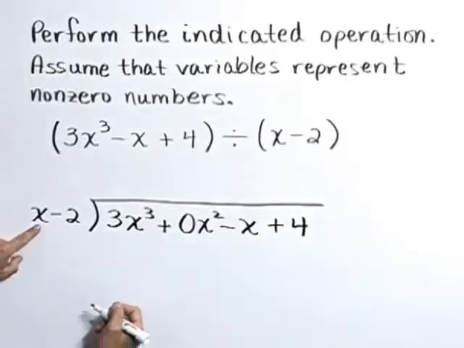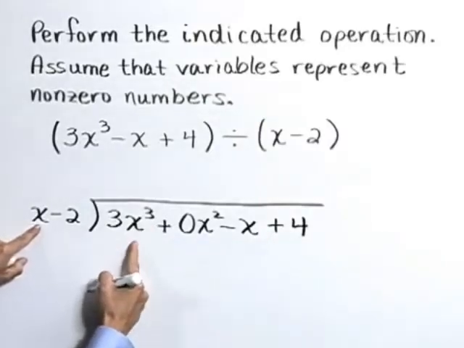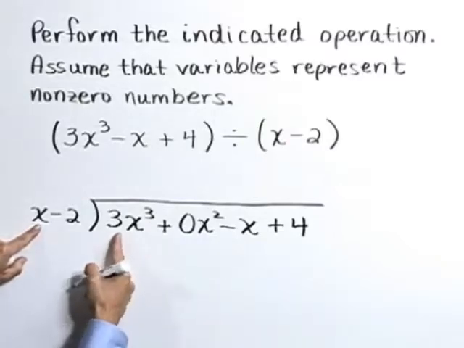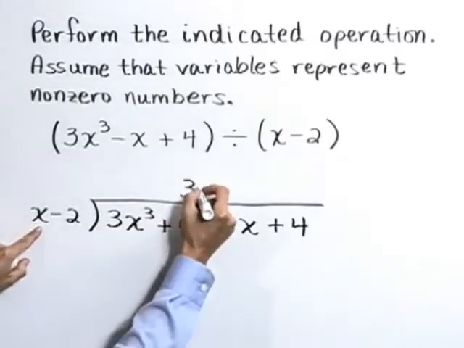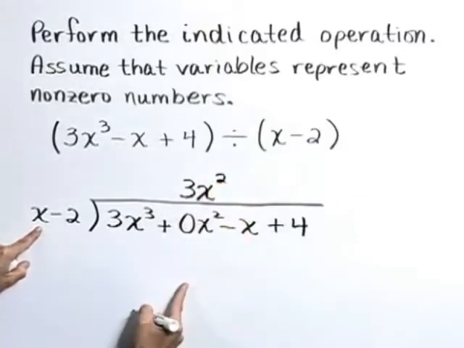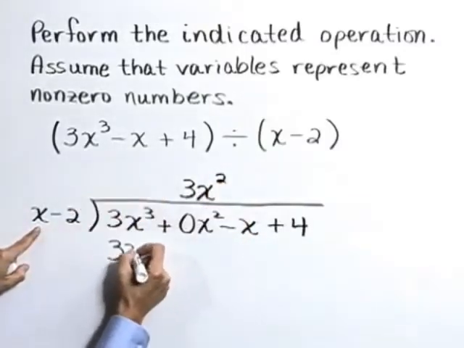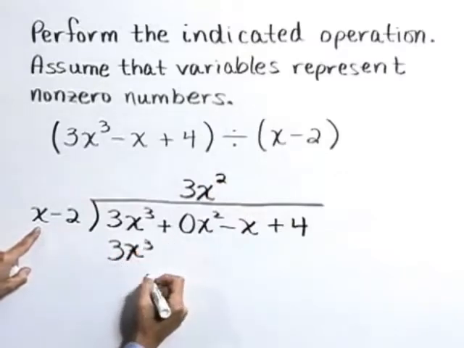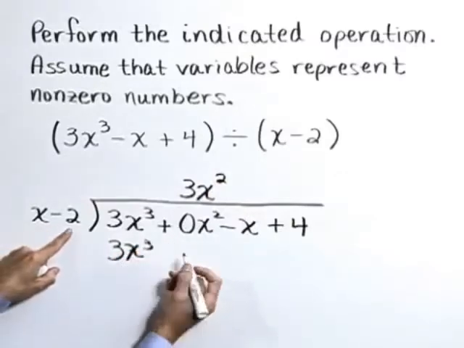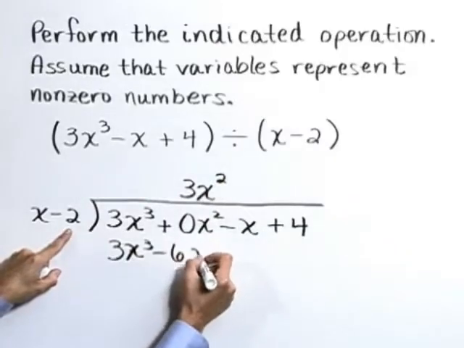This starts with x goes into 3x to the third how many times? Well, it goes in there 3x squared times. Multiplying back, 3x squared times x is 3x to the third. 3x squared times a negative 2 is a negative 6x squared.